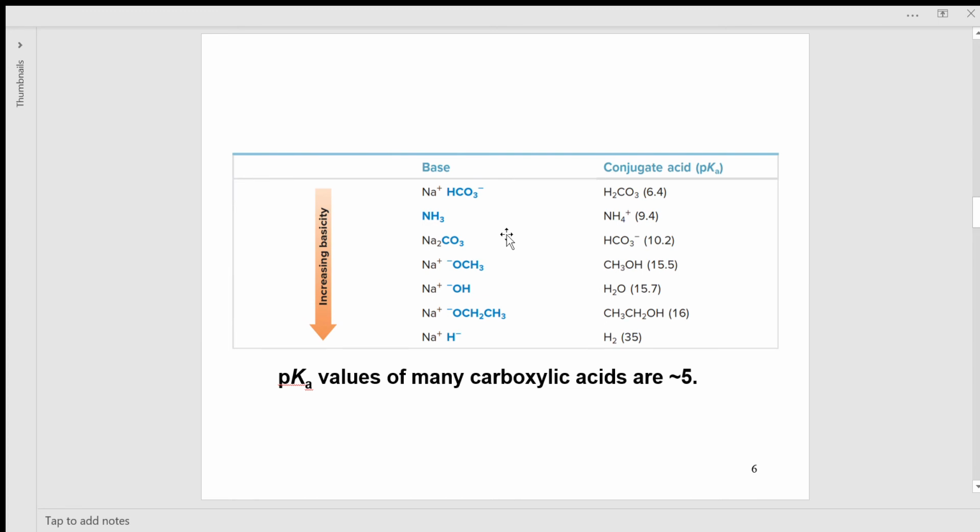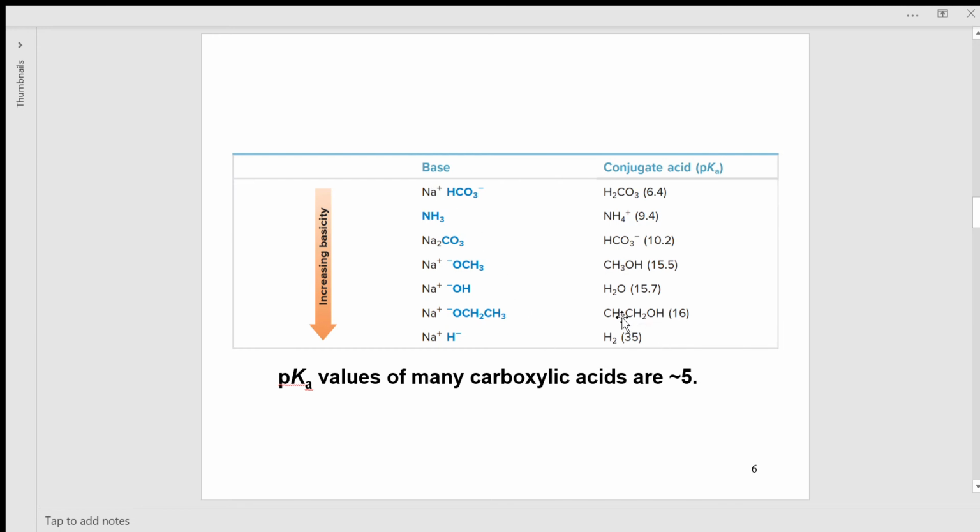So the normal trend is that the lower the pKa value, the stronger the acid, but its conjugate base is a weaker base.